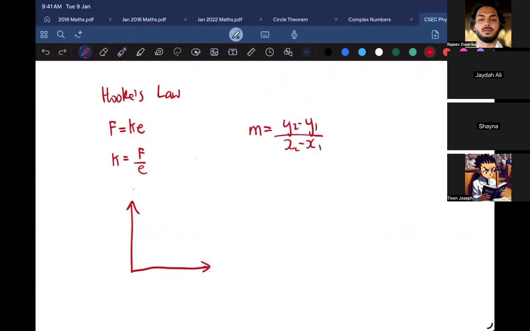Now, look at this carefully, Jada. To find k, it says force over extension. I want you to imagine you have a graph and you're finding the gradient of the graph. For you to get spring constant, you need to get F over e. So what do you think I should put on the y-axis if I want to get the spring constant?